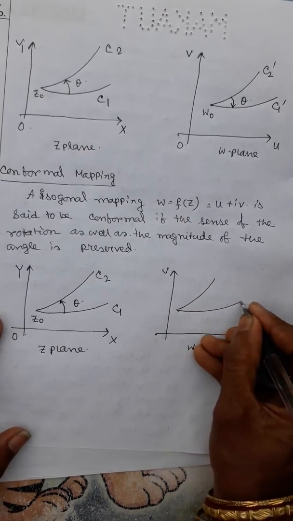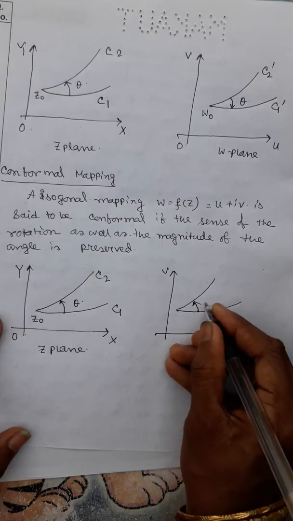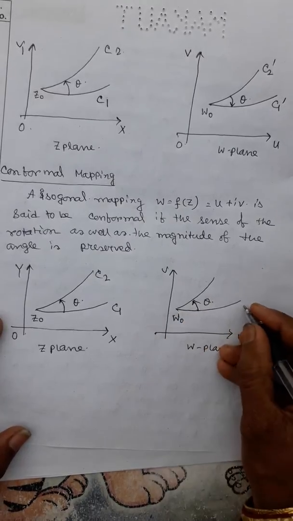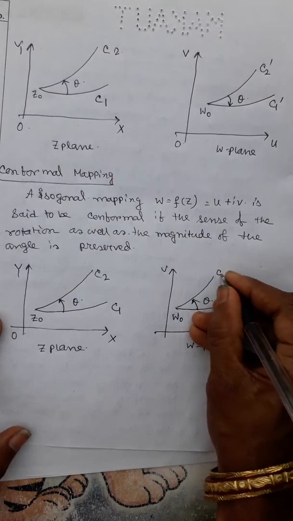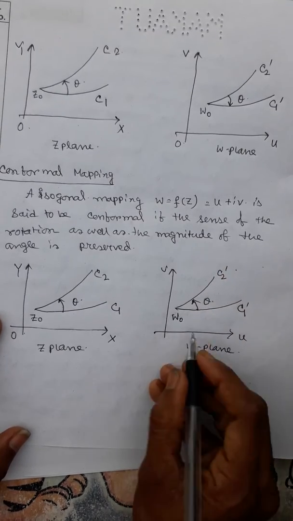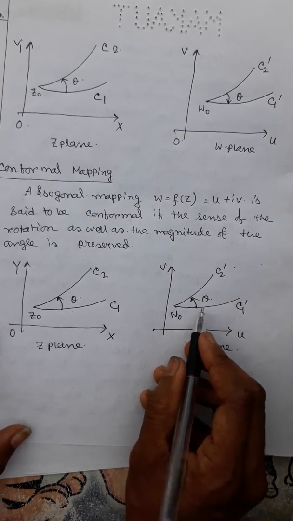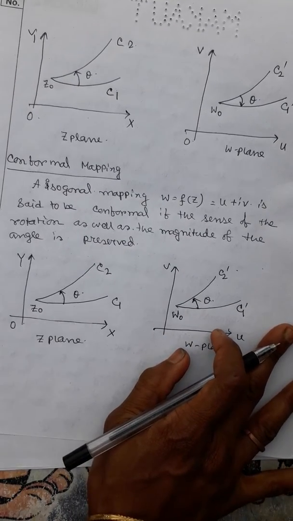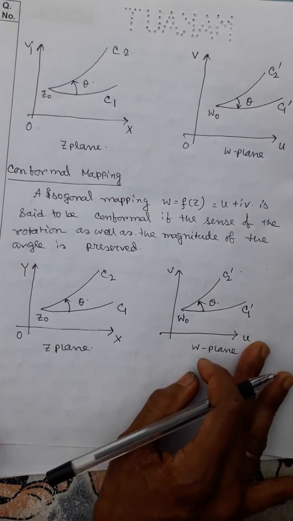Here also two curves making the same angle theta intersect at w0, and here the sense of rotation and the magnitude of the angle both are the same. So this is called conformal mapping.